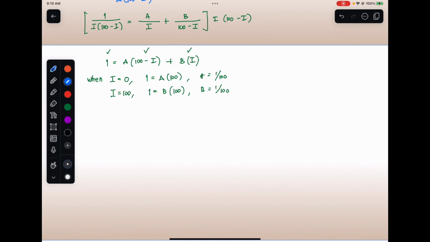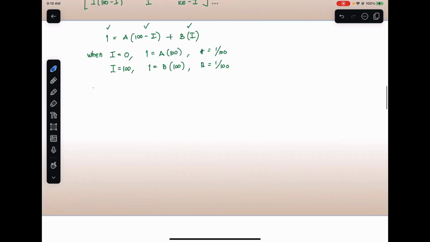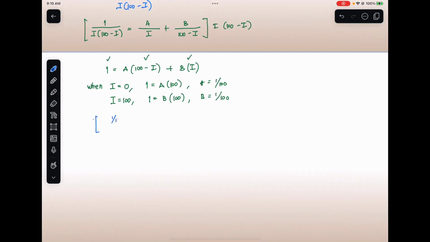So this time around, we can rewrite our equation: dI, our A is 1 over 100 divided by I, and then plus B, which is 1 over 100 divided by 100 minus I, multiplied by dI, is equal to k dt.